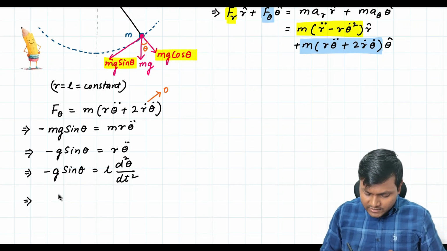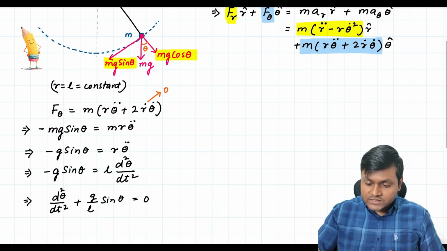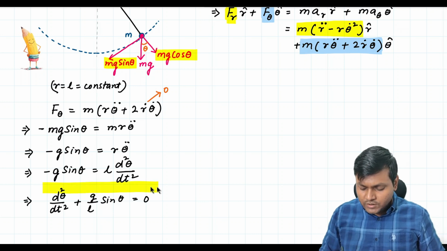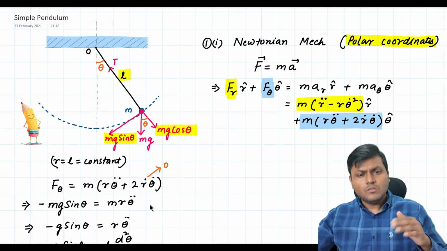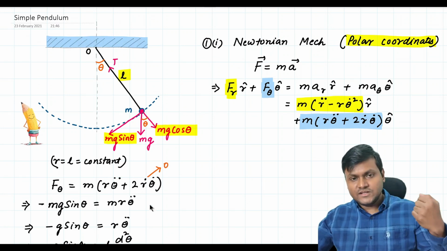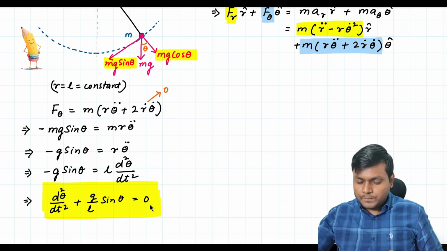If I write it properly, this is d2 theta upon dt2 plus g upon L sin theta is equal to 0. This is, quite simply put, the equation of motion of the simple pendulum that you can obtain just by looking at the forces that are involved, more specifically the force acting in the transverse direction written in terms of polar coordinates.